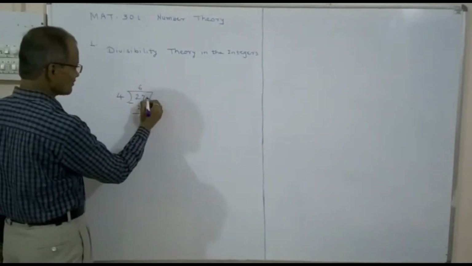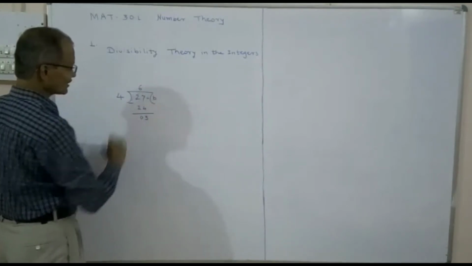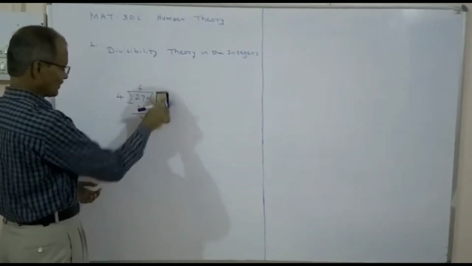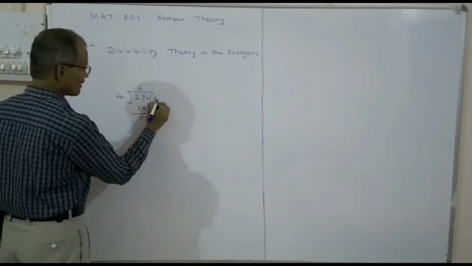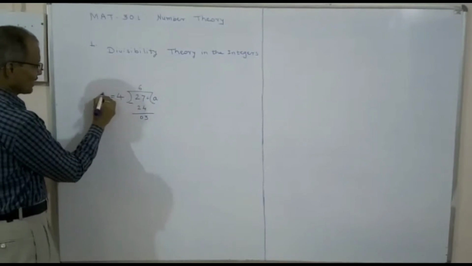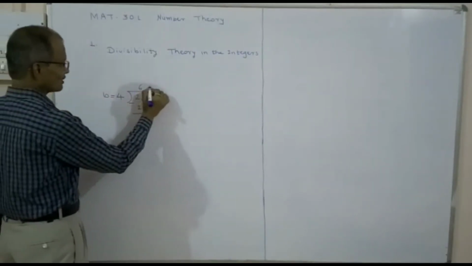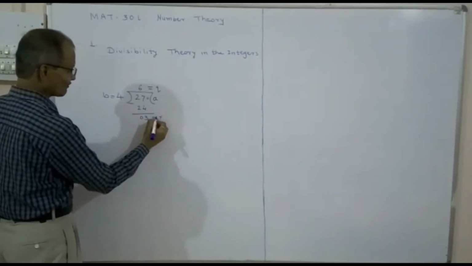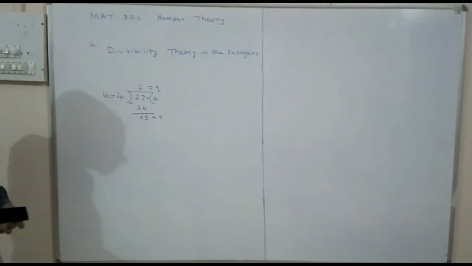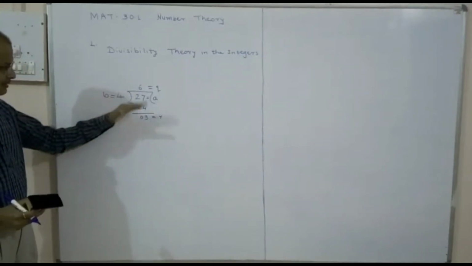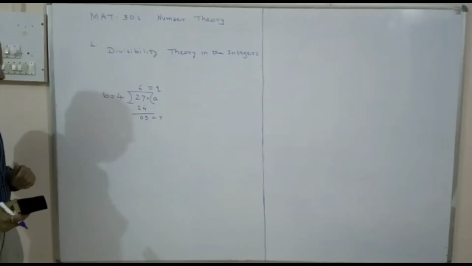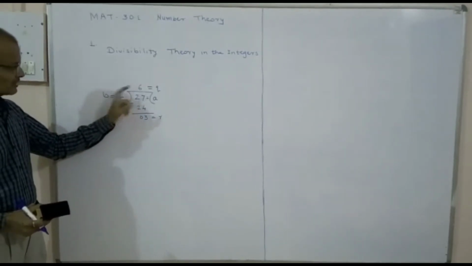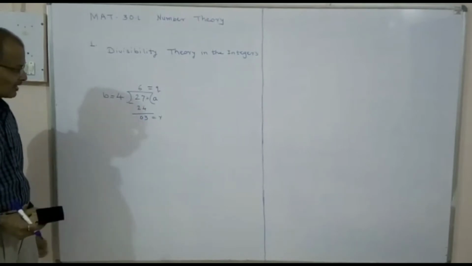So we shall denote this number 27 by A. We will denote this number 4 by B, and this quotient we denote by Q, and this remainder we denote by R. So this is the notation. There are different numbers and these are denoted by these letters. Actually we have divided 27 by 4 and we obtained 6 as the quotient and 3 as the remainder.